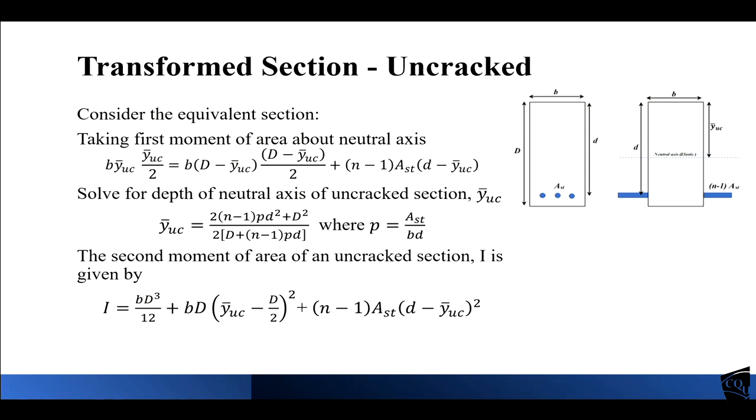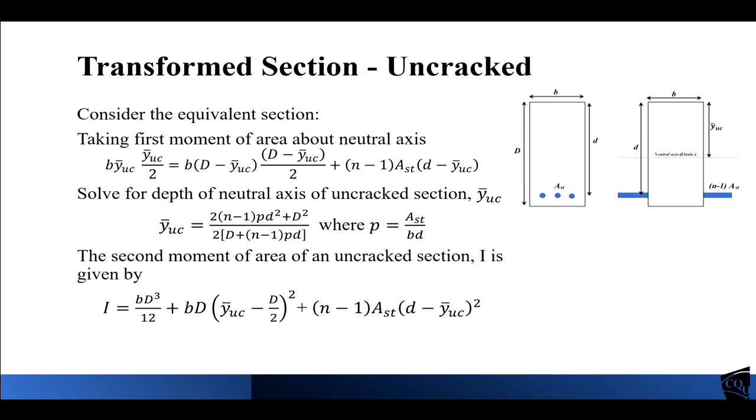Steel can take large stress; the E value is higher. The elastic modulus of steel is 200 gigapascal, and concrete is around 30 to 40 gigapascal, so steel is almost 5 times the concrete one.